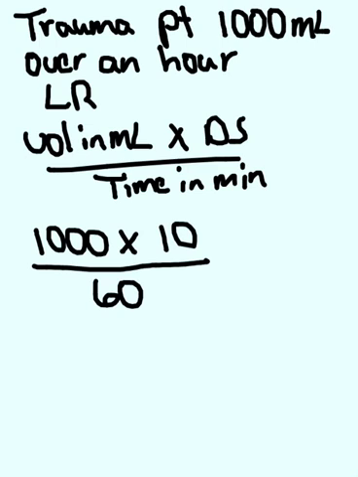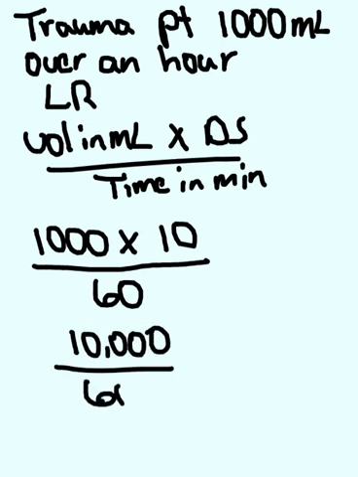Now we multiply 10 times 1,000, and that gives us 10,000 divided by 60. This is why it's good to have a calculator handy, but if I had to figure it out longhand, I would.